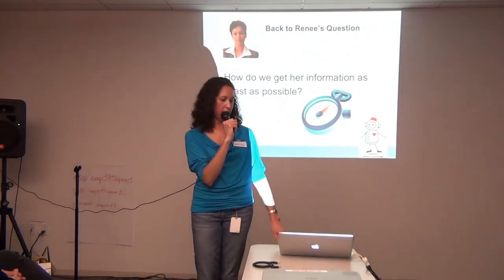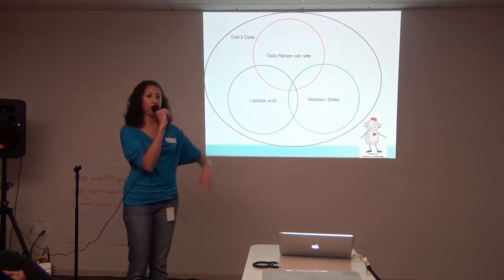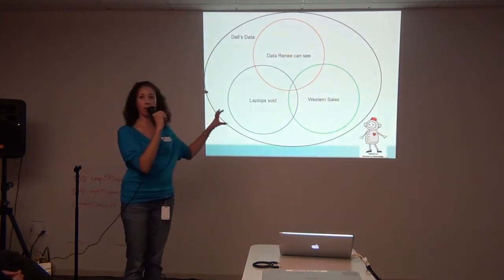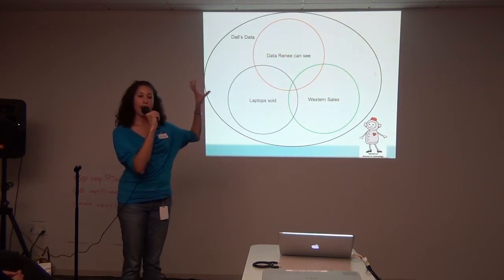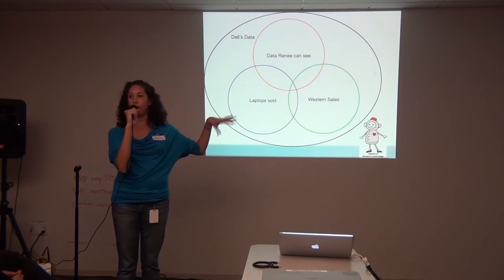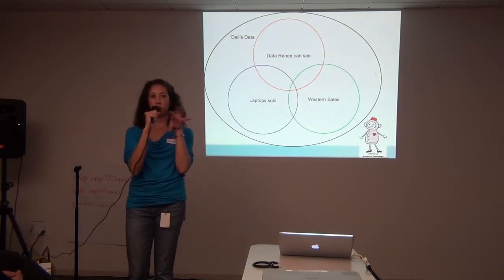Just to give you a picture of what this all looks like, Dell has a lot of data. Some of that data is about laptops, some of it's about the Western region. And Renee may only be able to see some of that data. In a lot of sales organizations, they're really protective about who gets to see what.